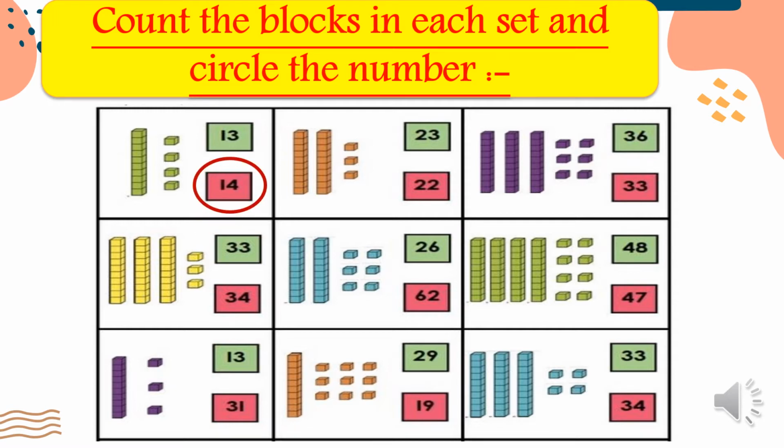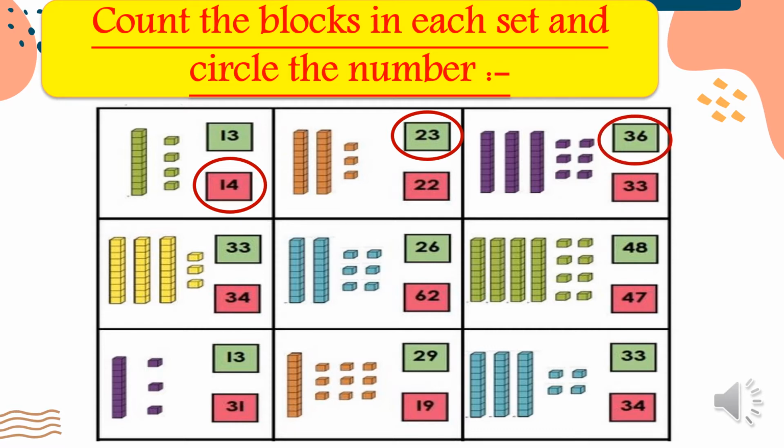2 in tens and 3 in ones. So the number will be 23. 1, 2, 3. 3 in tens and 6 in ones. So the number will be 36.